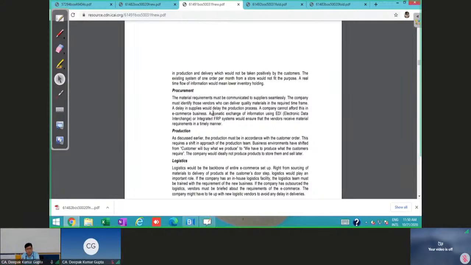But for logistics, it is very important to train our workers about the requirements of the system. Here we have to consider a decision about outsourcing also. It means for a particular point you have to explain in detail.